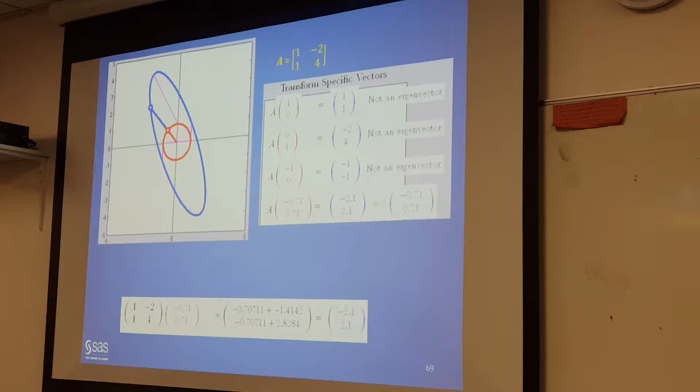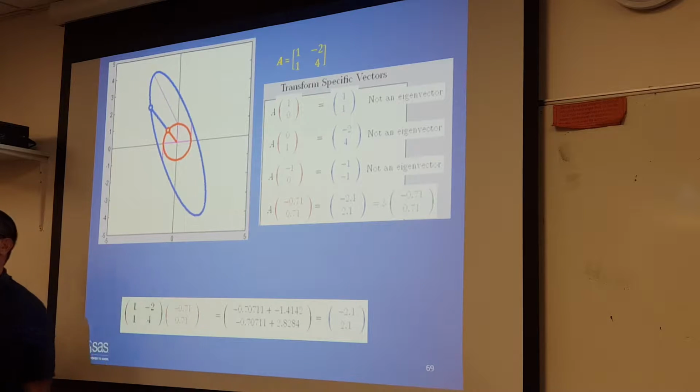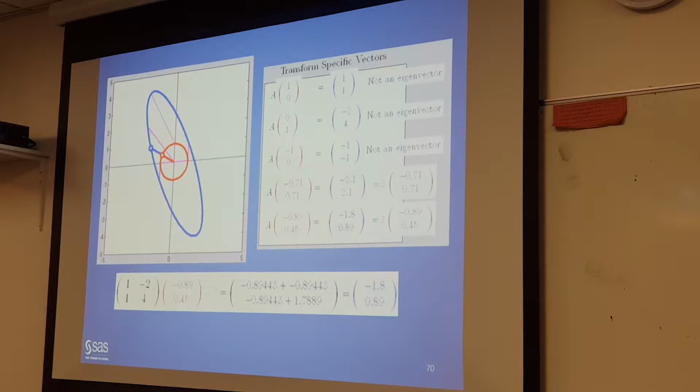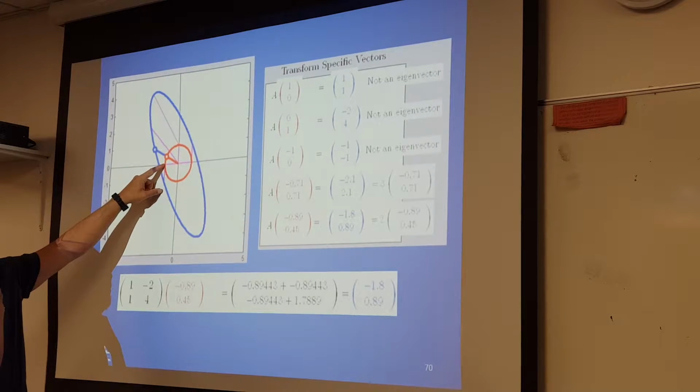So those eigenvectors are those vectors where, once you multiply by the matrix A, they are still in the same direction. They'll change length, but they're still in the same direction. In fact, there's another one, and that is negative 1.8, so that's going to be here, 0.89.